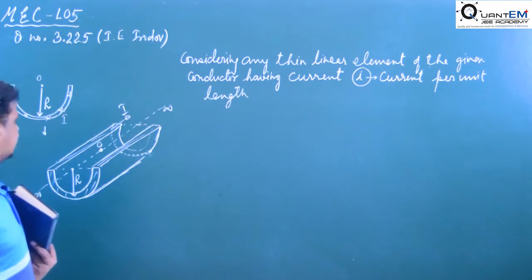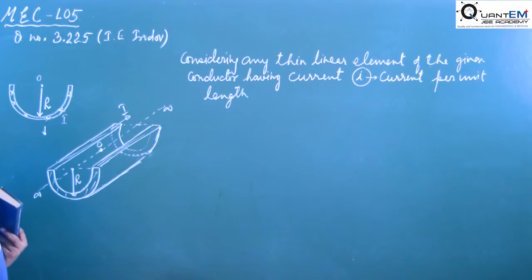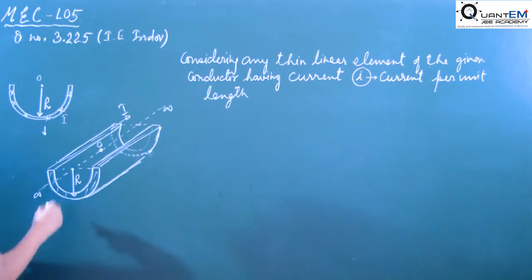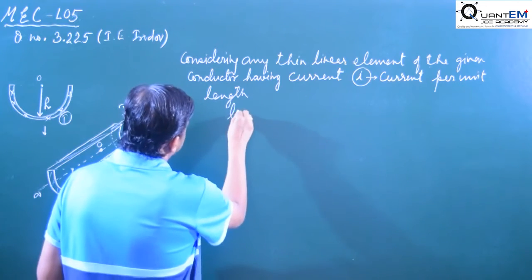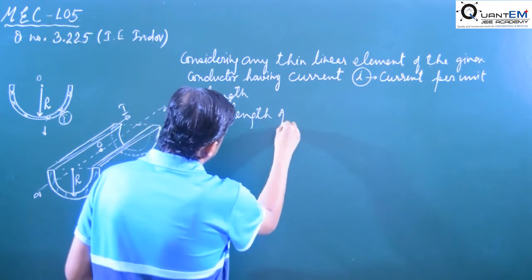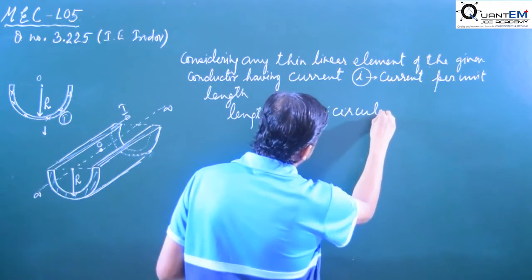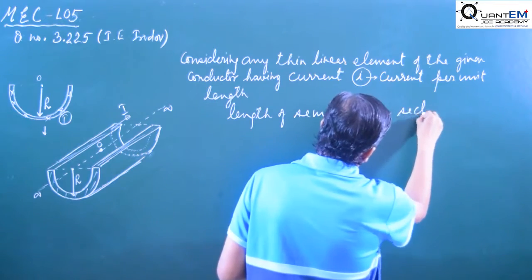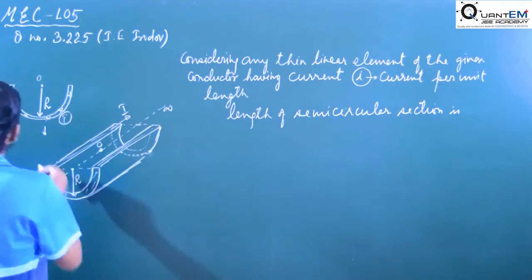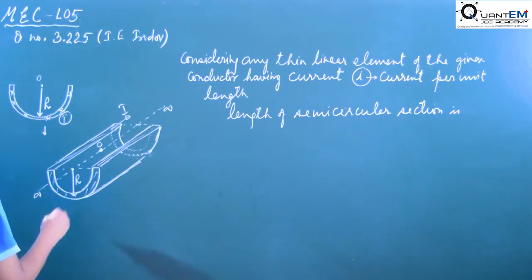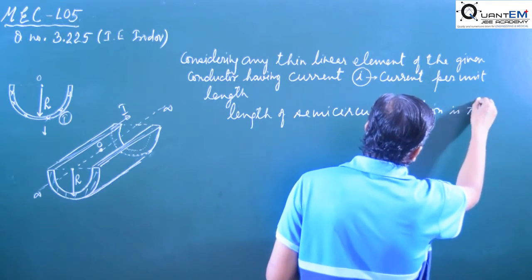So we take a small part of this conductor having current small i. The total current flowing through this conductor is capital I. The length of the semicircular section of the infinite long conductor is pi r.